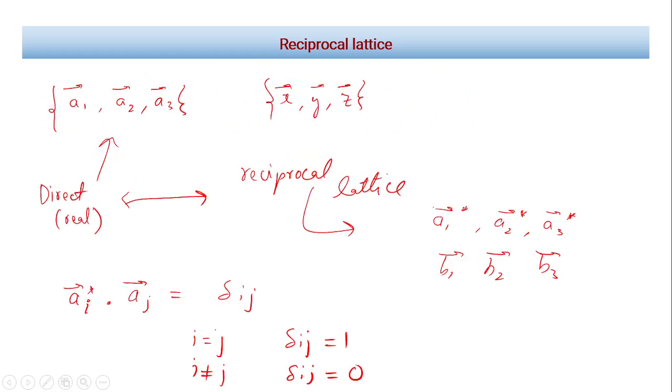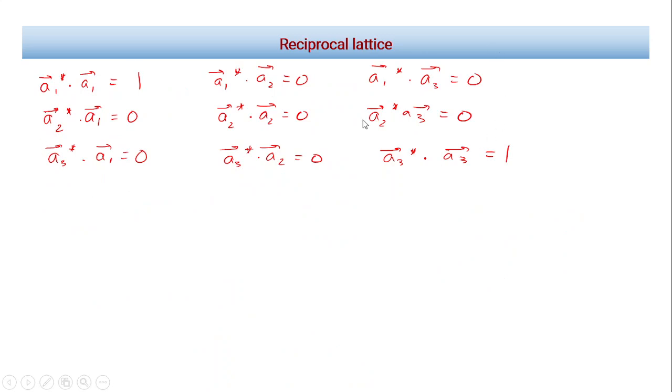These are all dot products. So this is how we define that in real space we had these basis vectors, and then we define something known as reciprocal space, where we have reciprocal basis vectors, and they are related with the direct space basis vectors through this relation.